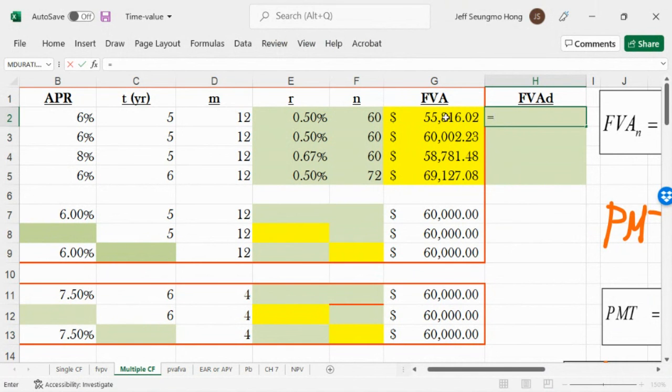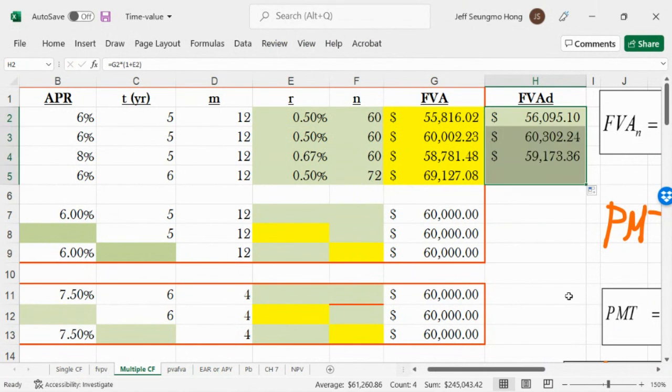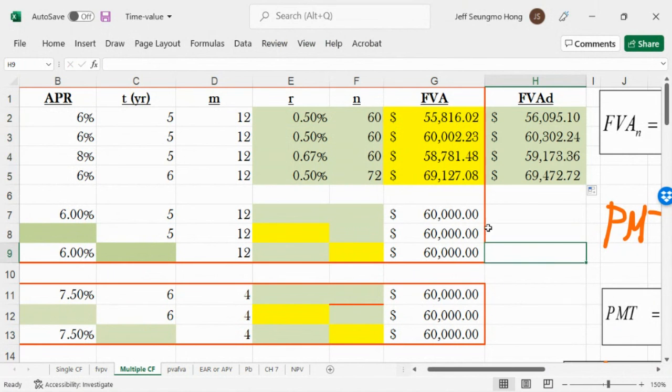That means we can recycle this result. We can recycle the ordinary annuity and give it one more compounding. And that's annuity due. This way it's better, but we're still about $4,000 short.